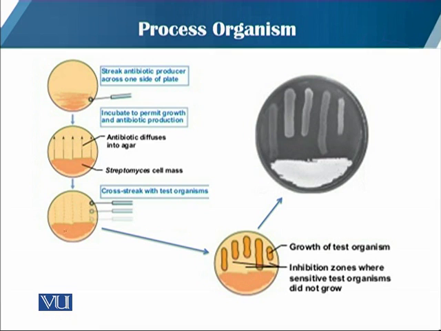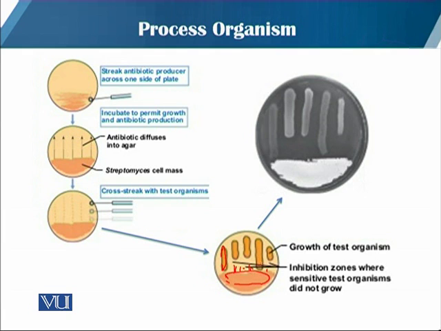You can see here that we streak the antibiotic producer across one side of the plate, and then it will diffuse into the agar, and then we streak our test organisms. This is the antibiotic zone that diffuses, and these are the different test organisms and how they differ in sensitivity to that antibiotic.